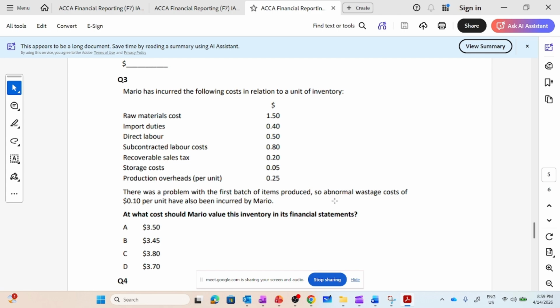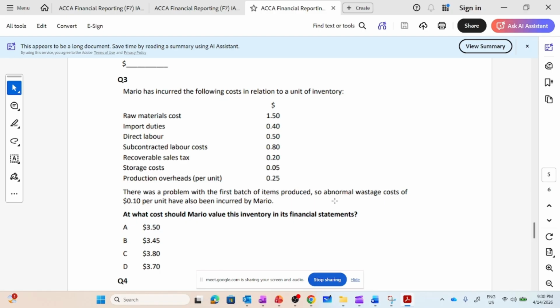Okay. What about production overhead per unit? It should be included. Okay. What about the abnormal waste, the 0.1? It should not be included.